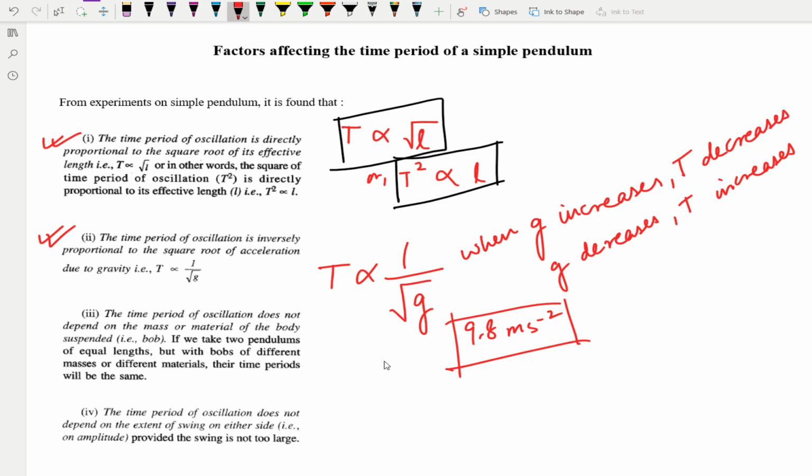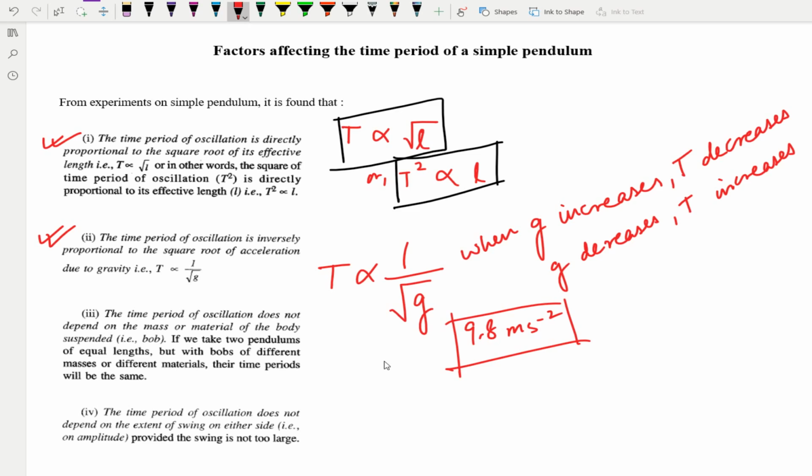Why? Because on Moon the value of g decreases, so the time period increases. Suppose 10 seconds is the time period on Earth with g as 9.8. Now since g decreases on Moon, the time period will be more than 10 seconds. It is inversely proportional. So this is what we mean by the time period being inversely proportional to acceleration due to gravity.